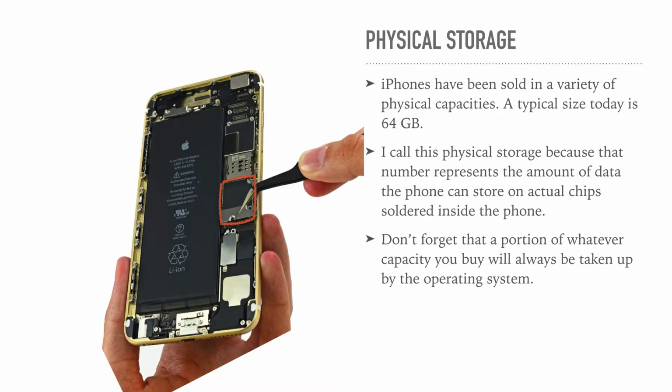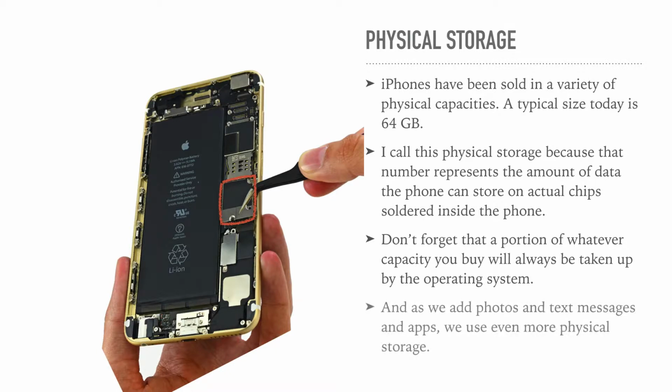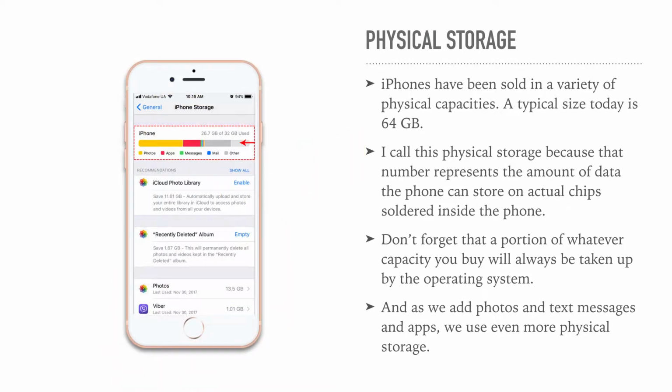Don't forget that part of that space is always going to be used up by the operating system, and even more will be used as scratch space as you do things on the phone. That space is always going to eat into your amount of storage.